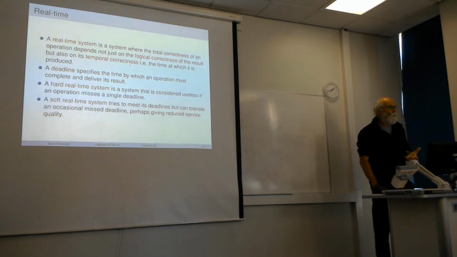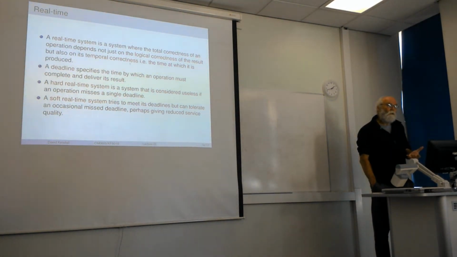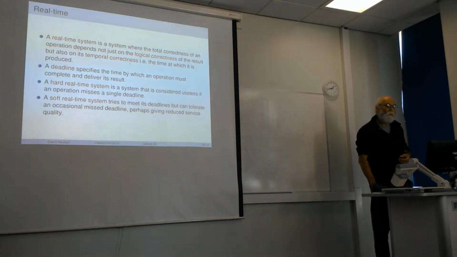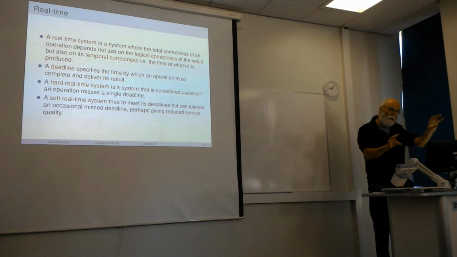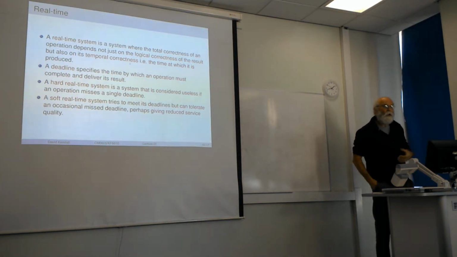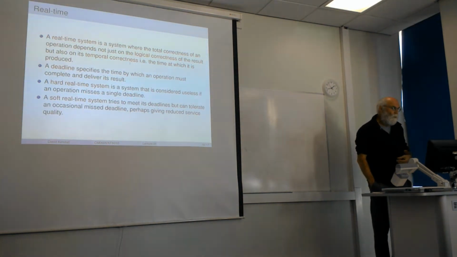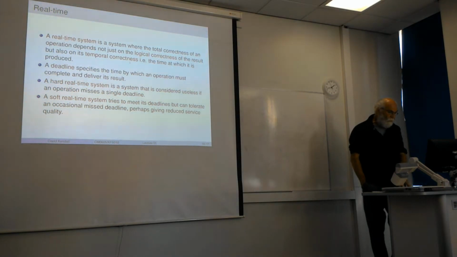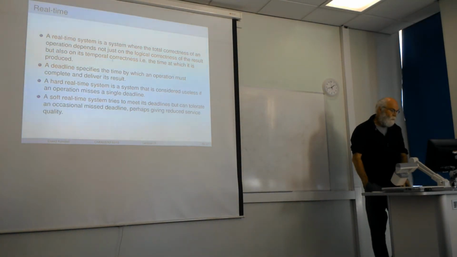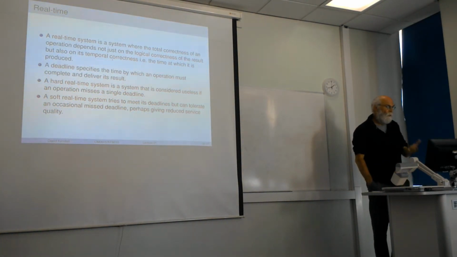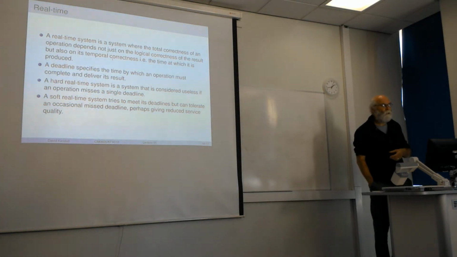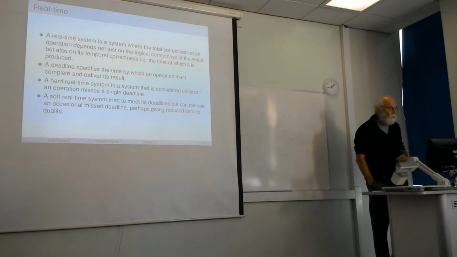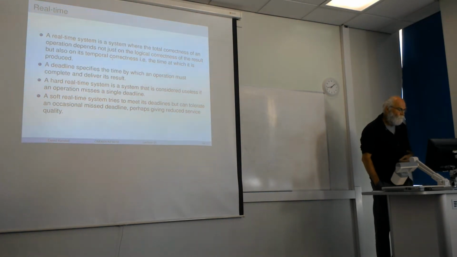As soon as you've got a real-time constraint, though, it's not just logical correctness which is important. So we still need logical correctness. For a given input, we still need the right output, but we need the right output at the right time. And that's what we mean by temporal correctness. Yeah? So a real-time system is one where the overall correctness isn't just about logical correctness, it's about this combination of logical and temporal correctness.